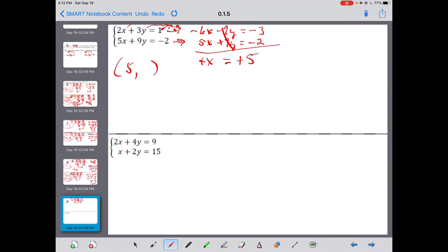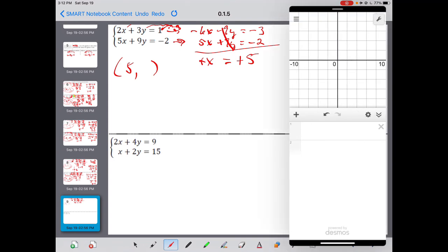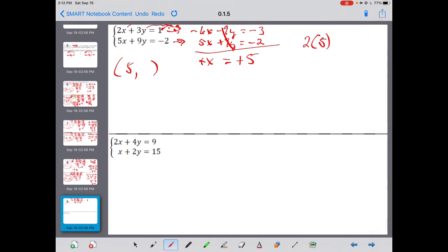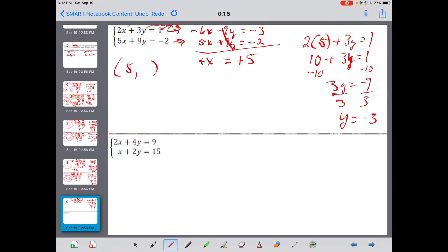Now, it's easier to plug that in and solve for y. So I'm just going to do 2 times 5 plus 3y equals 1. 10 plus 3y equals 1 minus 10. 3y equals negative 9. Divide by 3. Y equals negative 3.